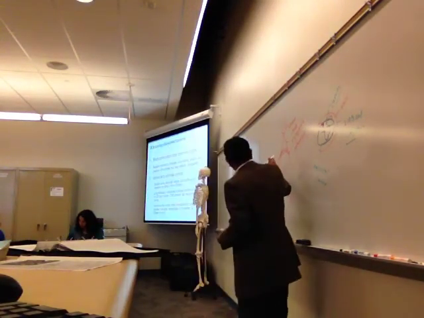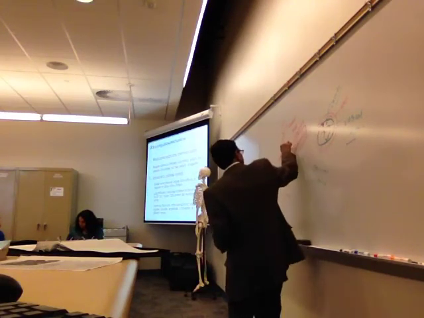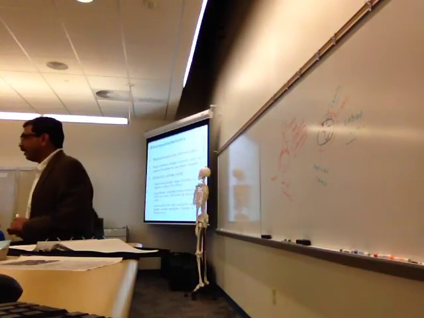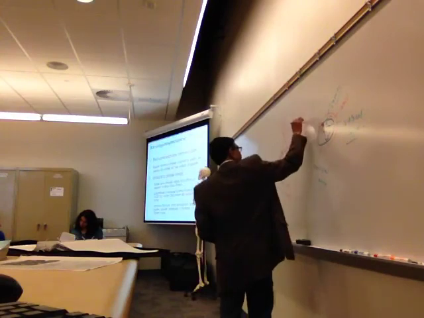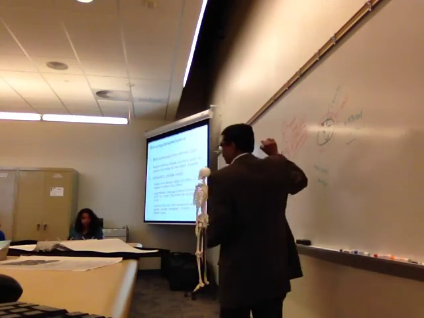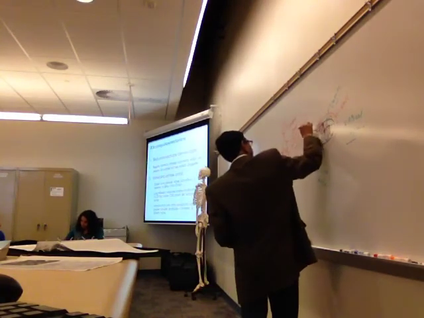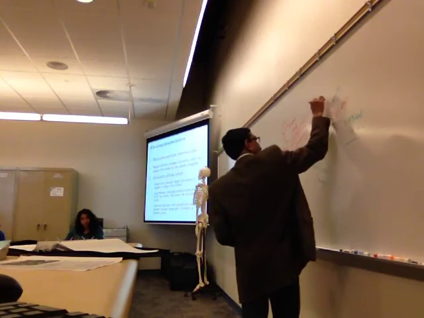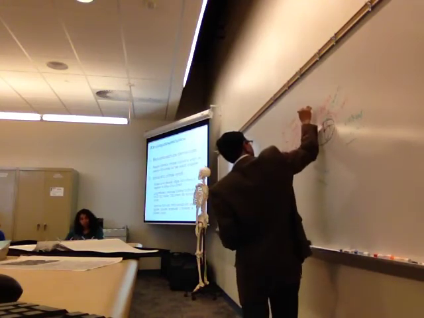Now I said that intrinsic controls short reflex and extrinsic controls long reflex. We'll see what is the difference between those two. Intrinsic is related to short. And extrinsic is related to what?